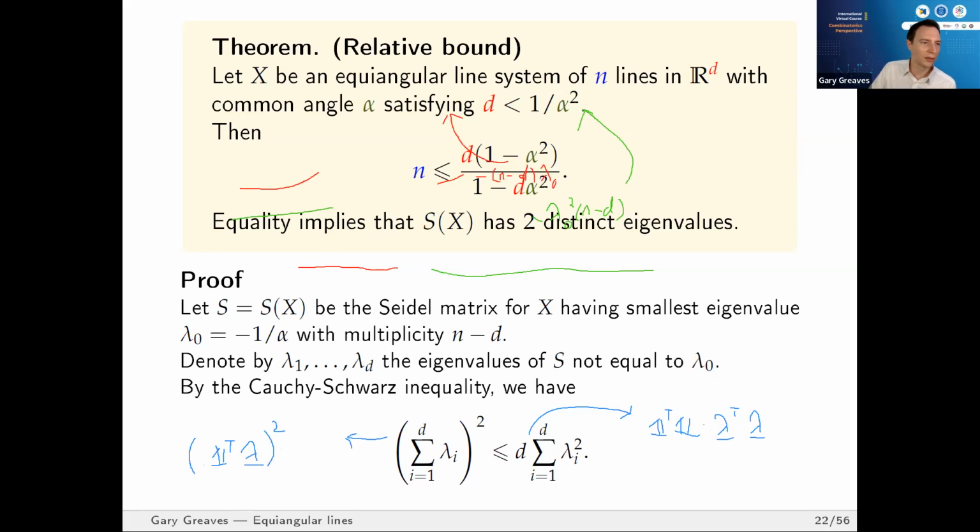So the d is coming from here. So this is equal to d, because there are d entries here. So the all ones vector is just the vector of ones, d times. Okay. Thanks for the question.